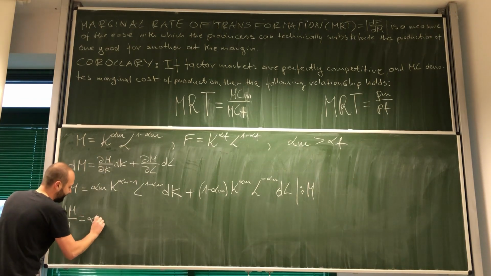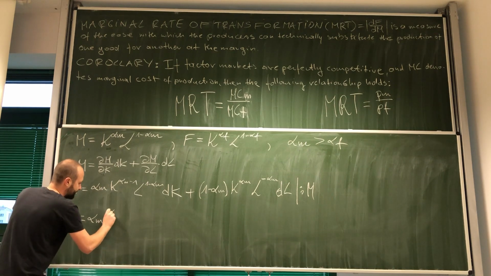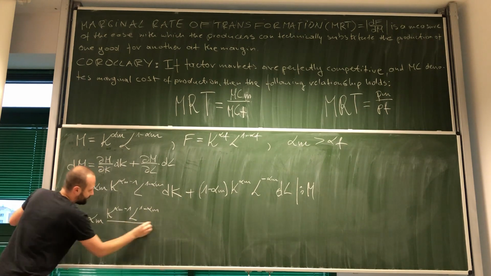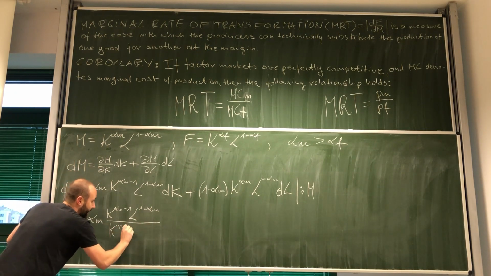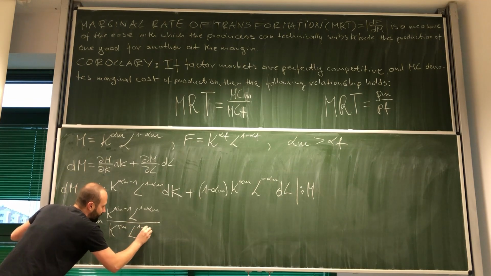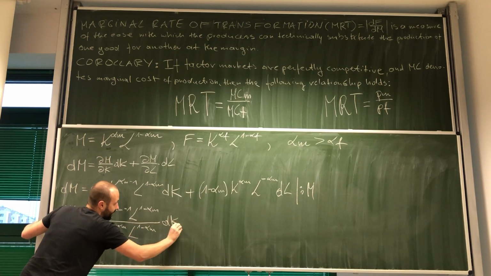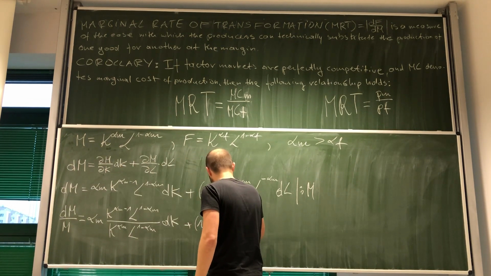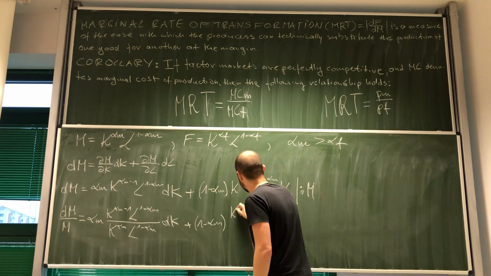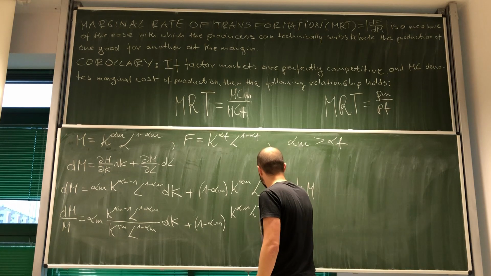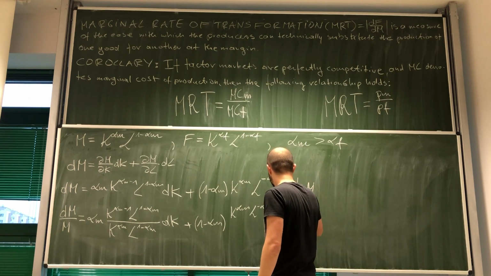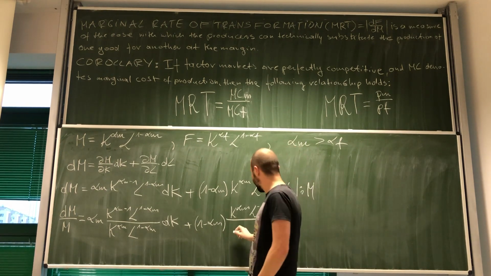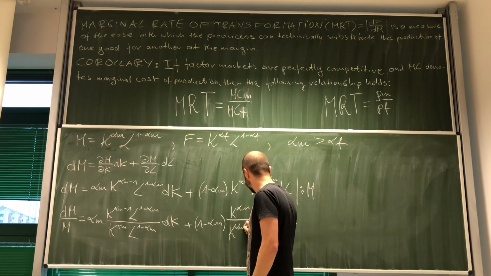So I'm getting α_m times K^(α_m−1) L^(1−α_m), divided by K^(α_m) L^(1−α_m), dK, plus (1−α_m). This, of course, stays the same, K^(α_m) times L^(−α_m) dL at the very end. And I'm dividing by the Cobb-Douglas production function again.